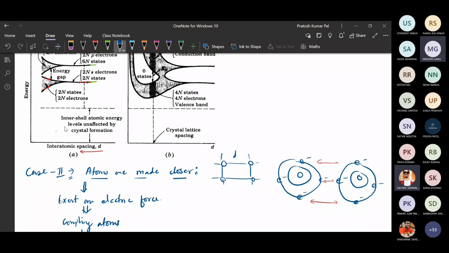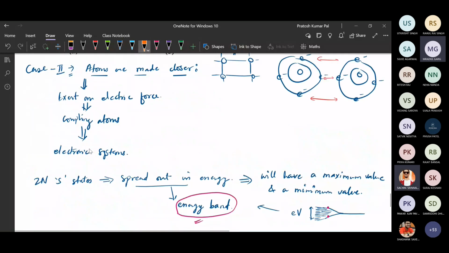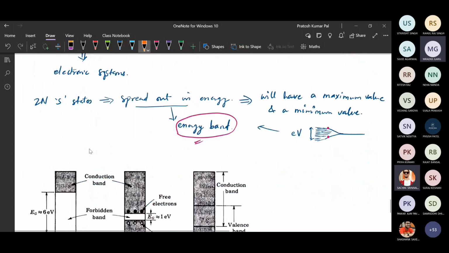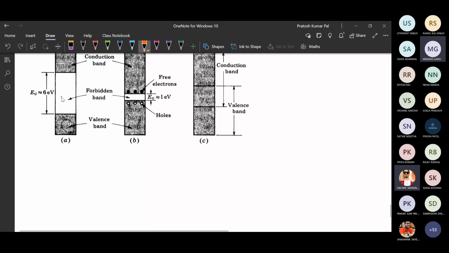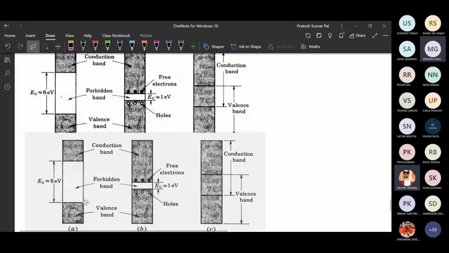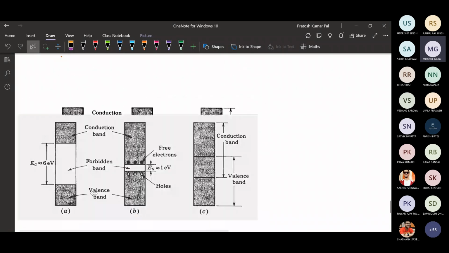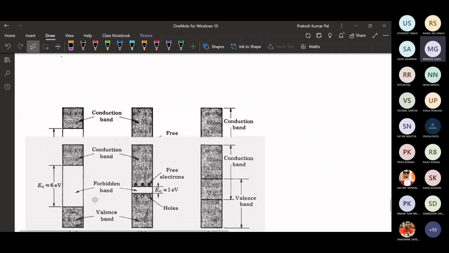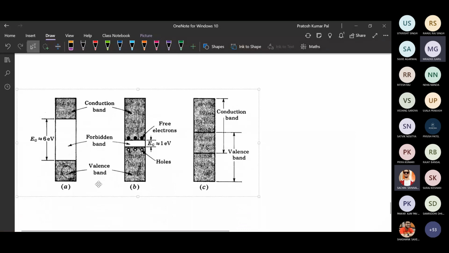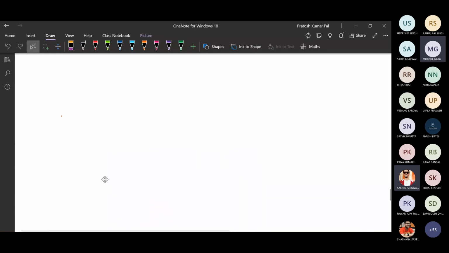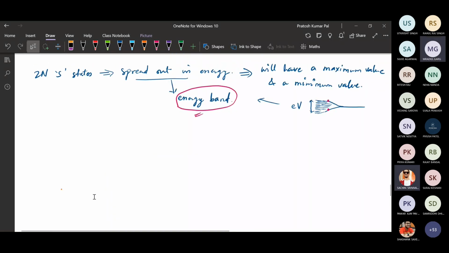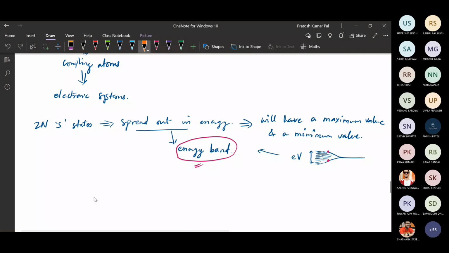One more term is there, the energy gap. Next we will see what an energy gap is.